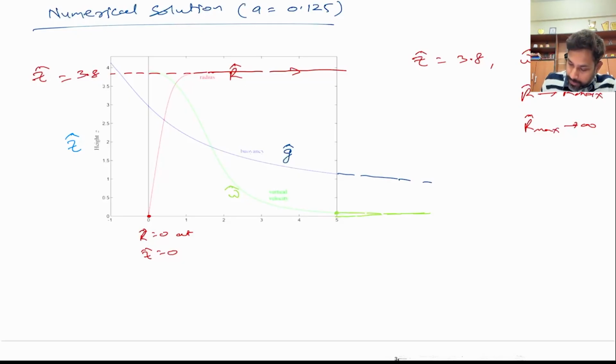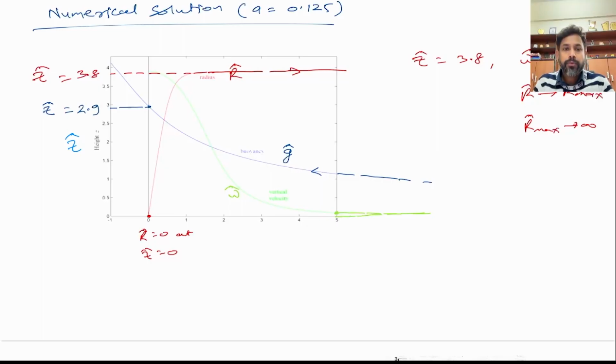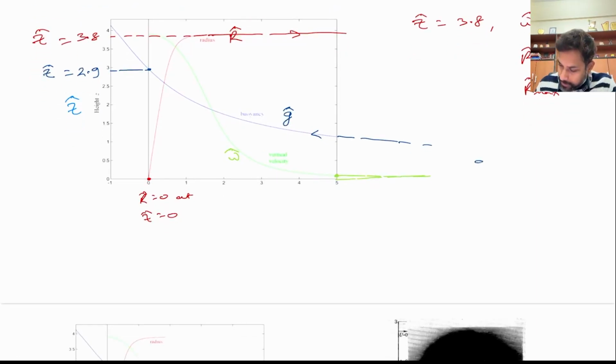But what's happening is that it is actually decreasing as we go further from the source, and there is a point here where it becomes almost equal to 0, and at this point z hat is 2.9. So when z hat, that is a dimensionless number, is 2.9, your g prime or g hat becomes equal to 0, right? So we see that g hat is 0 at z hat equal to 2.9.